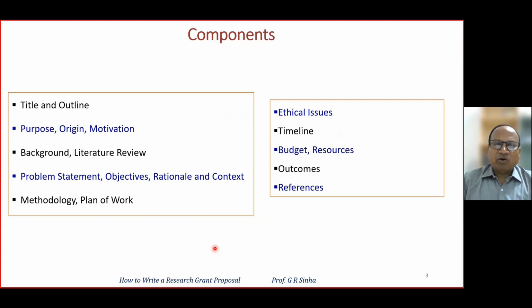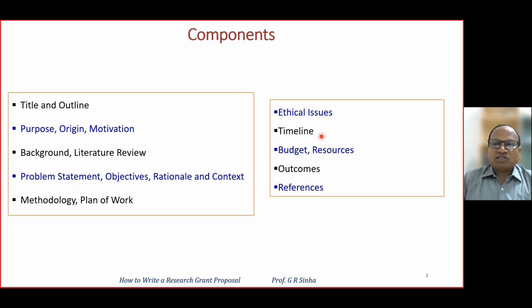What are the expected components which are to be addressed in all research proposals, like title and outline, purpose, origin and motivation of the proposal, background, necessary literature review, problem statement, objectives, rationale and context, methodology, your plan of work, and there might be ethical issues involved if there is any.